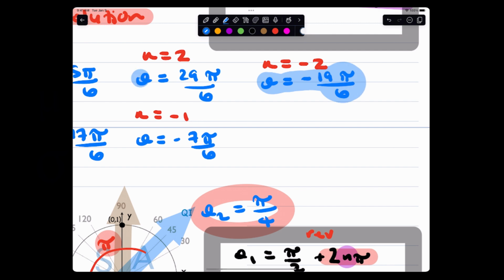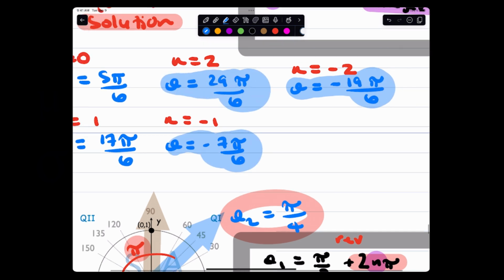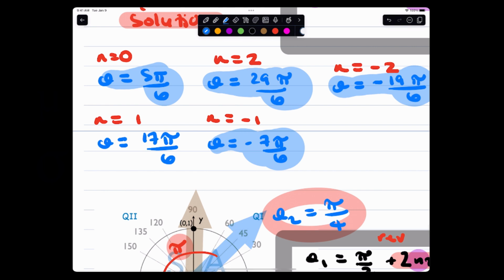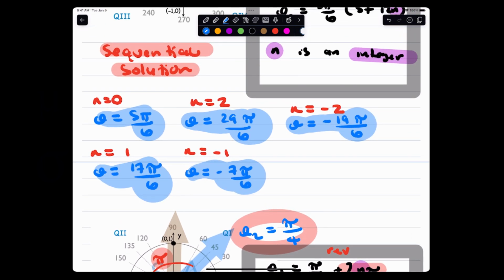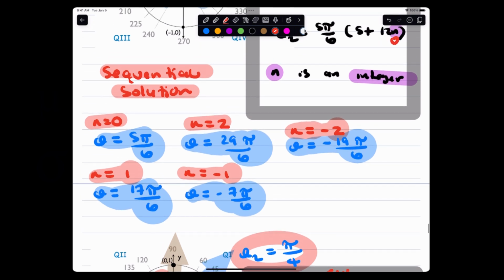All of these are what you need. Easy peasy lemon squeezy. Just change your n values. Change your integer values because they're called integers. And you could generate solutions all day long. This is the sequential form, how you do this. Okay, you guys okay with that?